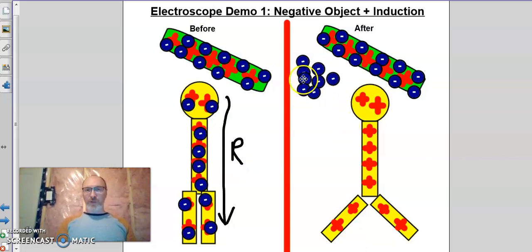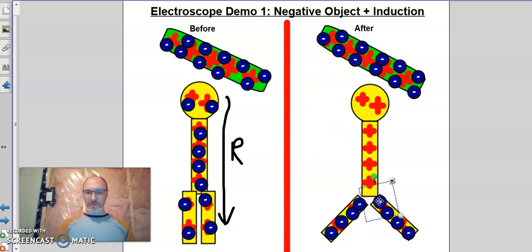Okay, and so let's reposition the electrons here. The electrons will then collect at the bottom of the electroscope as much as they can anyway. So I'm going to add a bunch of electrons to the leaflets here, like this.